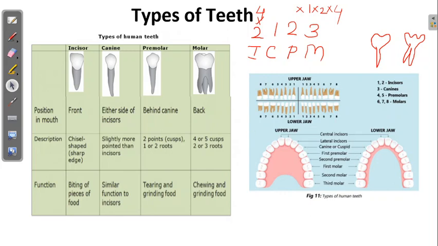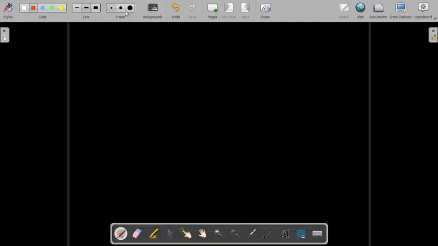So this was about the first part of the human digestive system, that is, the mouth. Just a revision of what we did in this video: we studied that the mouth consists of three things.